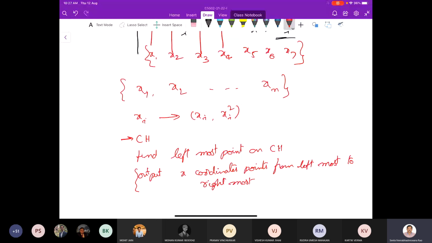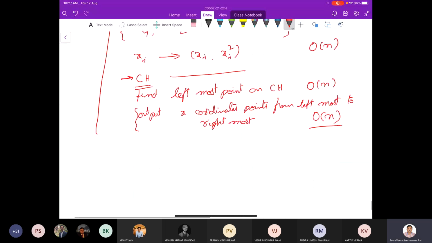Now you look at this time complexity here. This is linear time, and this is linear time, and the final step also takes linear time, plus the time complexity required for computing the convex hull. Now, suppose we have a convex hull algorithm which takes lower than n log n time complexity, lower order than n log n.